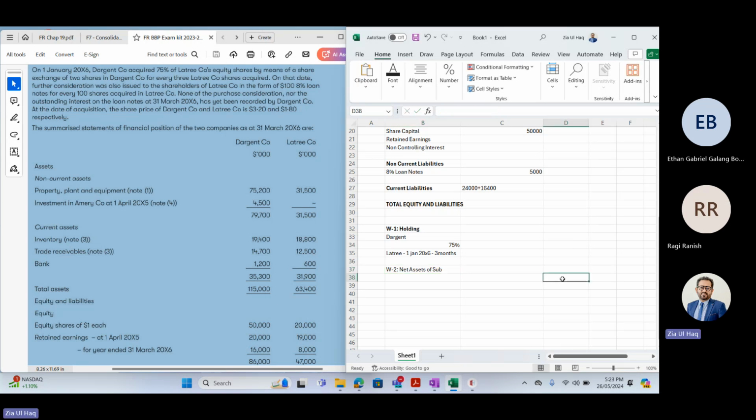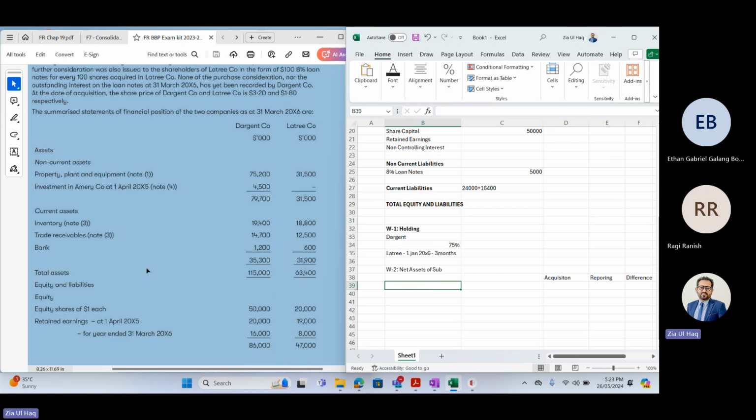We need to find the figures at acquisition date, we need to find figures at reporting date, and we need to find the difference. So let's make them a little bit bigger. Okay, and we are having some information about them.